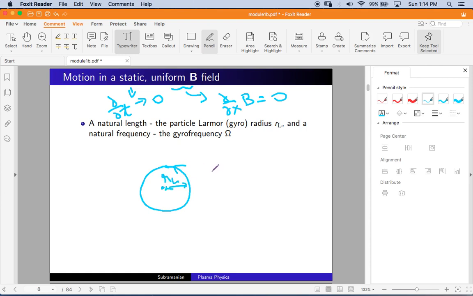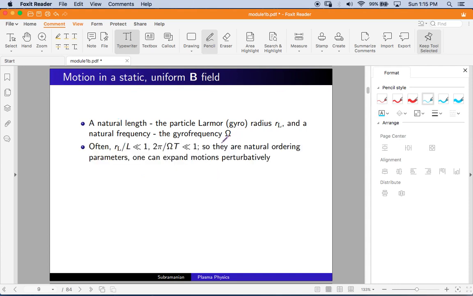So this is a natural length to keep in mind, and the natural frequency would be the gyro frequency, the frequency at which it gyrates. Strictly speaking, that is the angular gyro frequency.